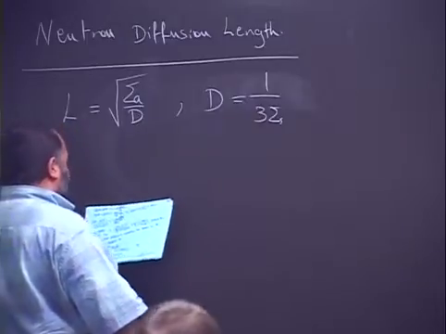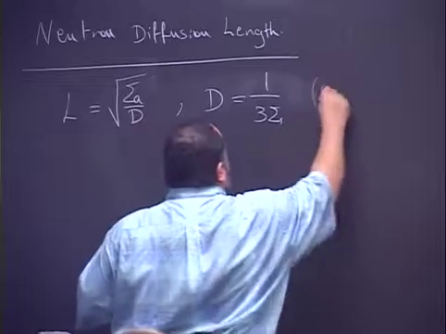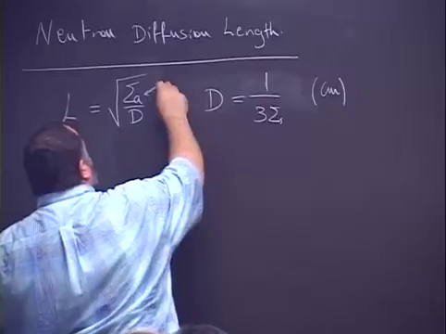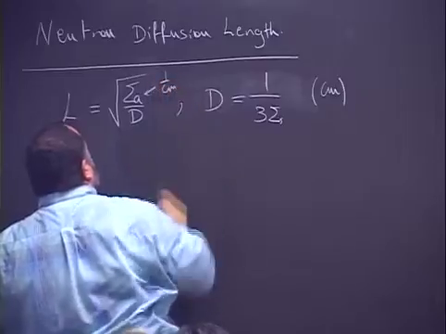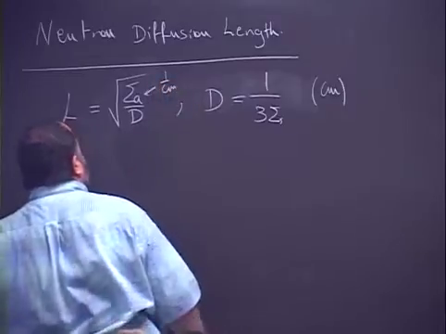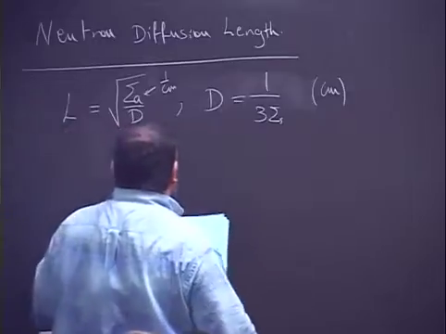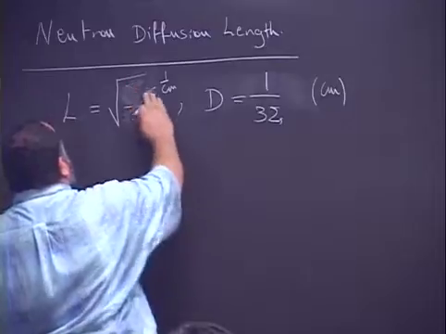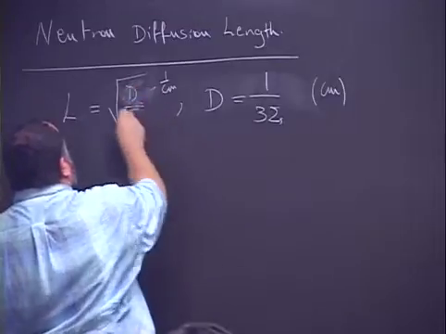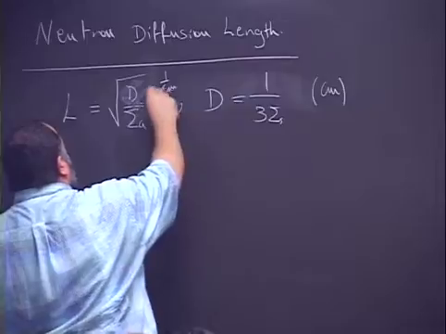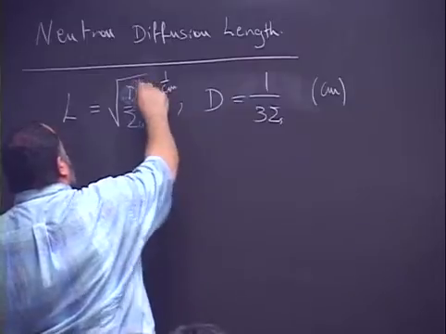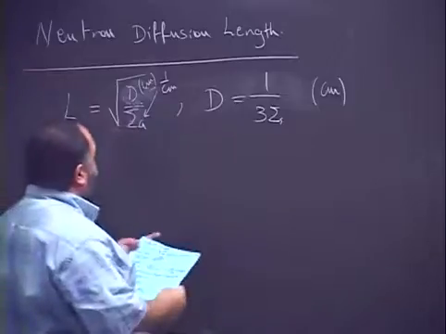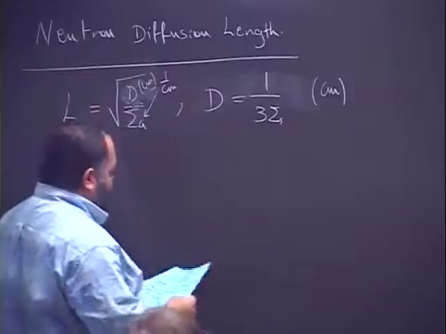The units of D is centimeter, and the units of sigma is 1 over centimeter. So this is D over sigma absorption, which is centimeter over 1 over centimeter, so the units of L is centimeter.